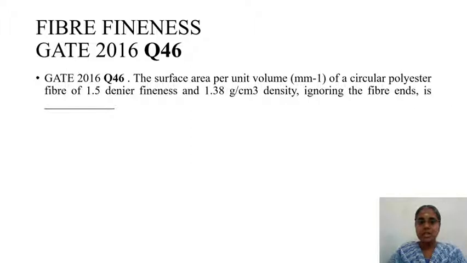GATE 2016, question 46. The question asked is, you have to find surface area divided by volume, and the unit is per mm, for a circular polyester fiber of 1.5 linear fineness and 1.38 gram per cc density.